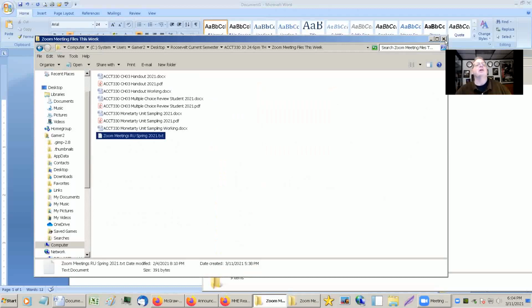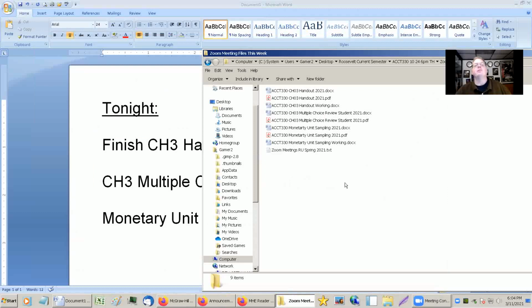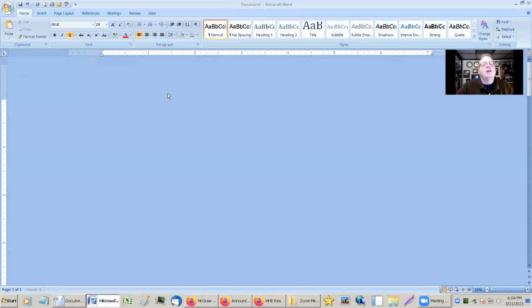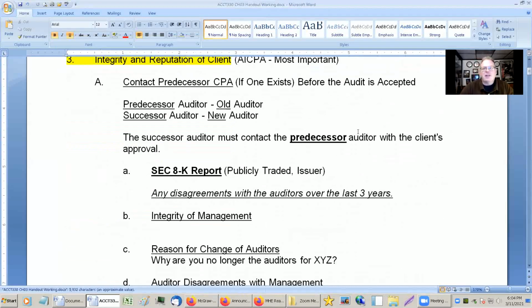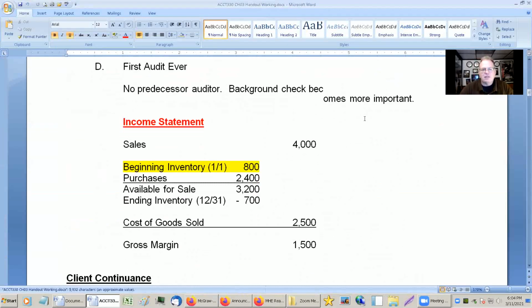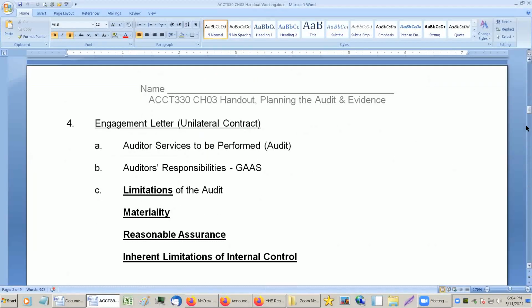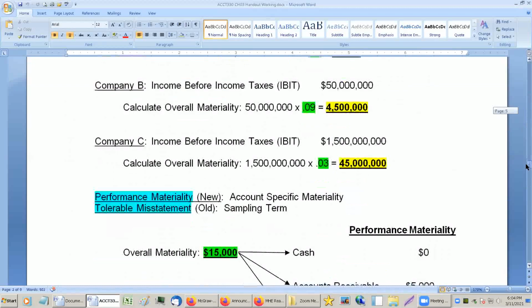For some reason, I have 2 folders up, and one of them's probably not the right one. Oh, they're both the same one. Couldn't have missed. I guess they're both the same. Okay. So I think we are down here.